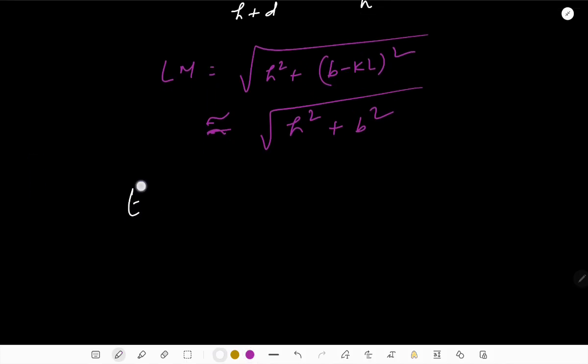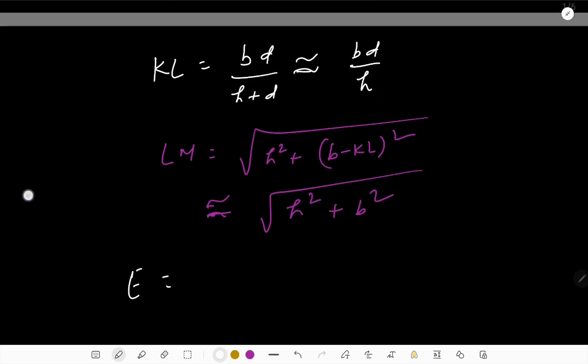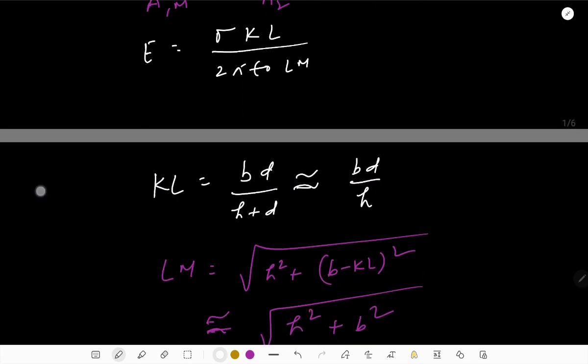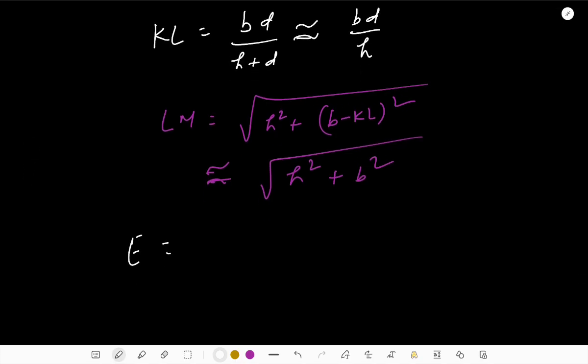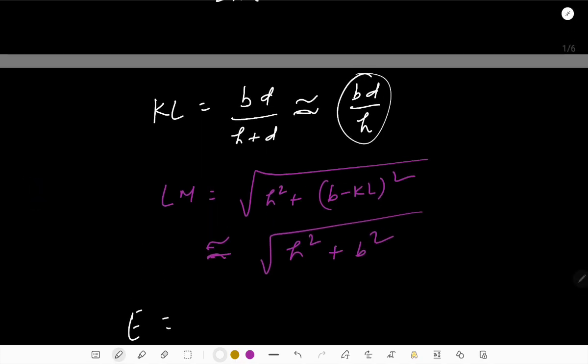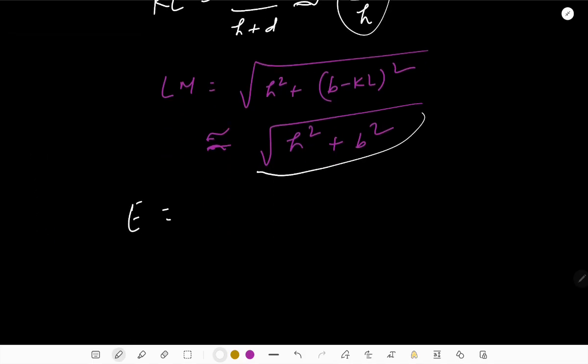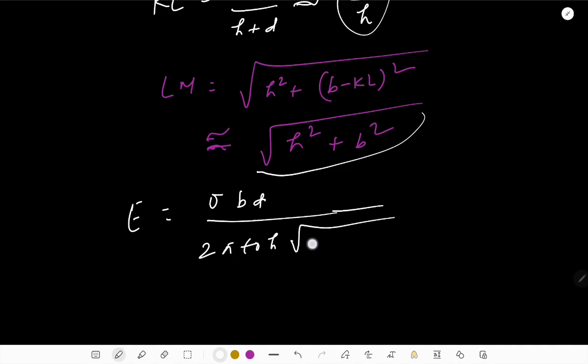The electric field we got here is lambda KL, and we got KL here and LM here, so we can write the electric field as sigma BD divided by 2 pi epsilon naught H under root H square plus B square.